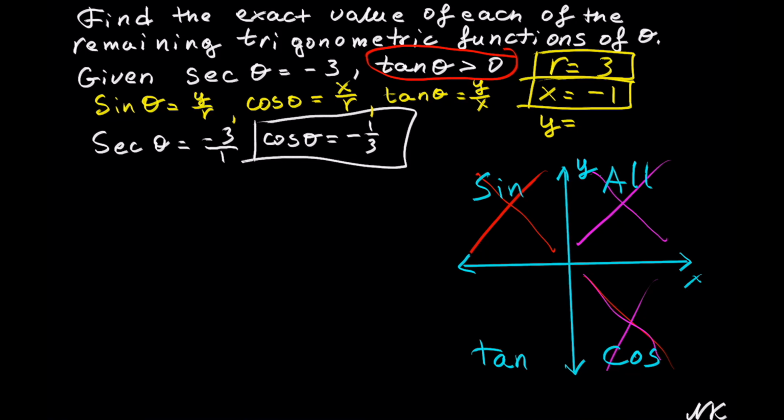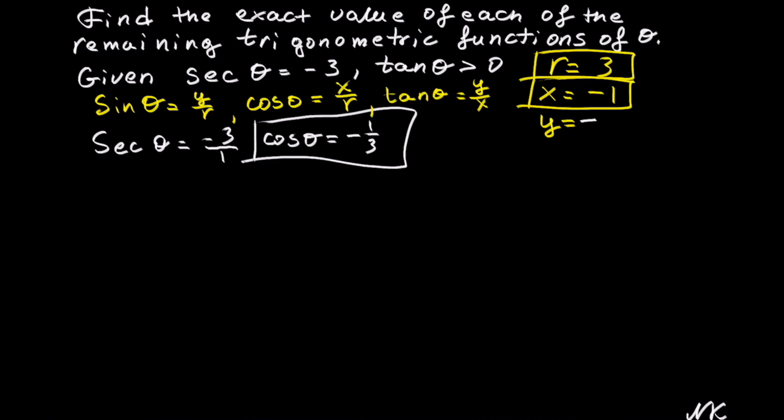And it cannot be in the fourth quadrant because only cosine is positive there, which means that our angle theta can only be in the third quadrant around here. In this quadrant, x is negative and so is y, which means the solution that we will have for the y value has to be negative.